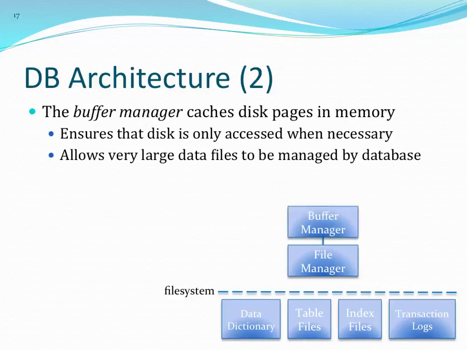Then you have the buffer manager, because remember, everything that the file manager does is slow. So if everything the file manager does is slow, then we want it to be invoked as little as possible.